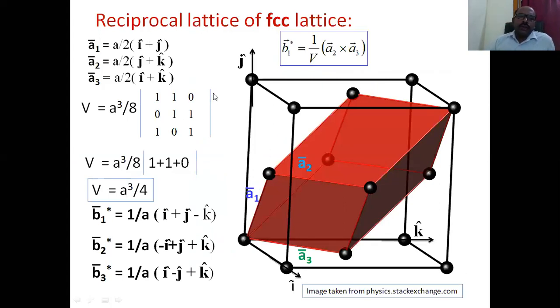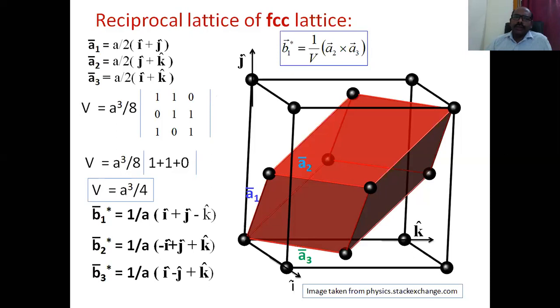So in this lecture, we have studied how to identify the basis vectors and how to identify the primitive unit cell in a conventional unit cell. After that, how to write the basis vectors of primitive unit cells, which we call primitive basis vectors.